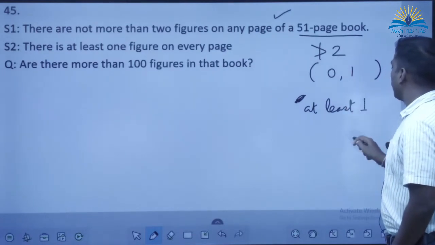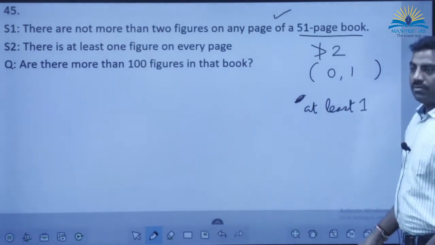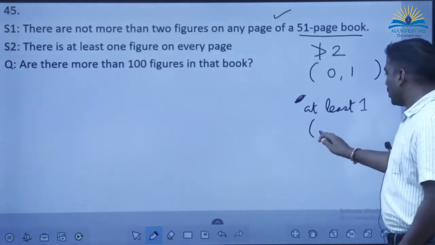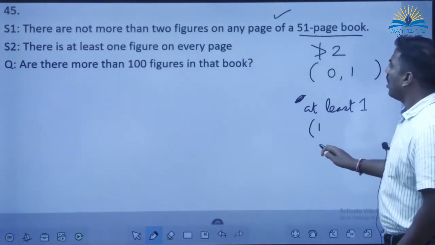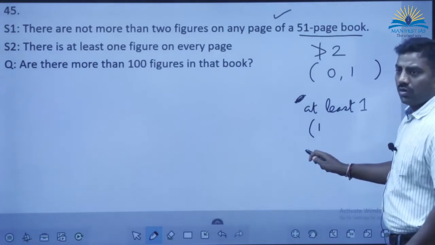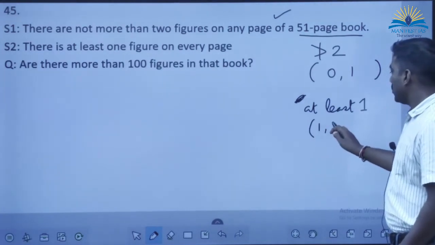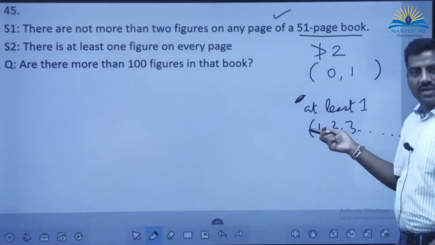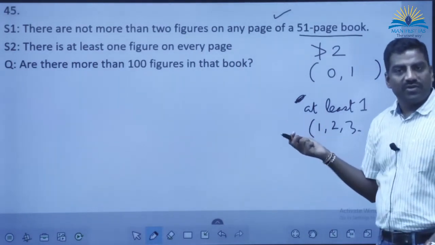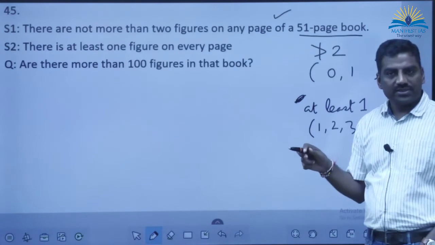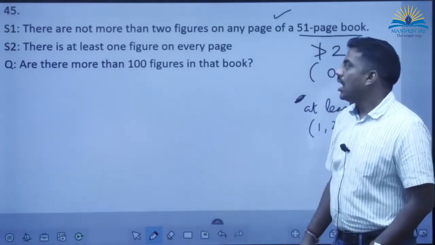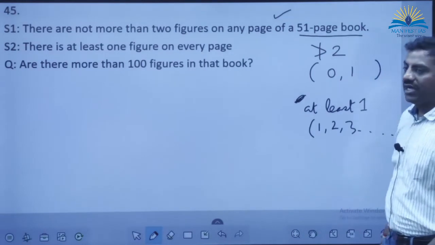Means what options do we have? At least 1, then 2, 3. At least 1, it can be 100 also, 100 figures a page. Yes. Now in this case, again go to the question. Are there more than 100 figures in that book?